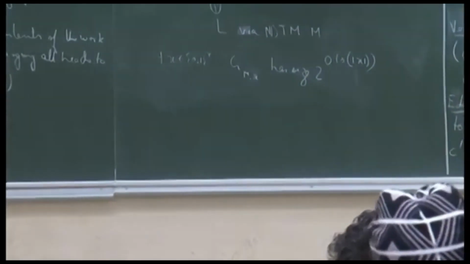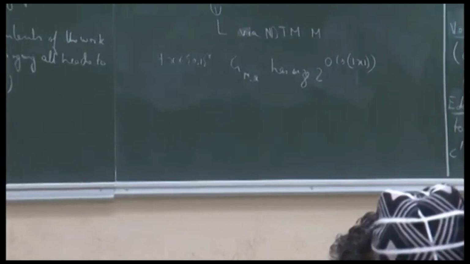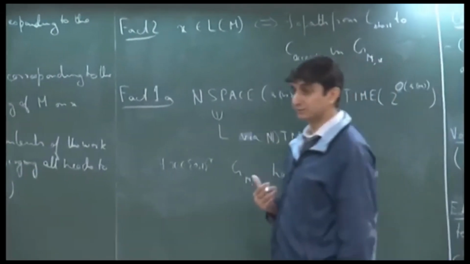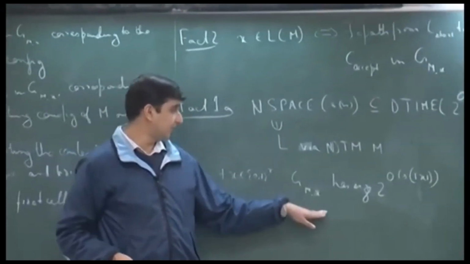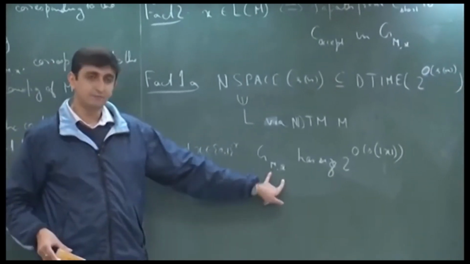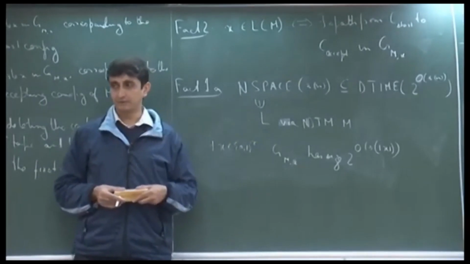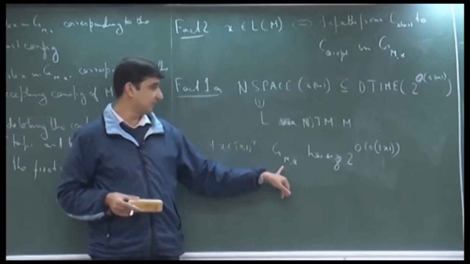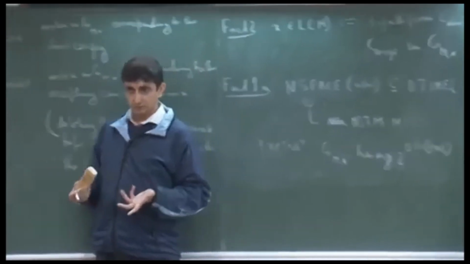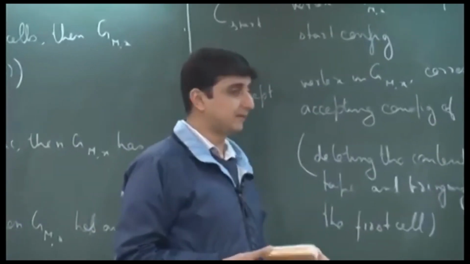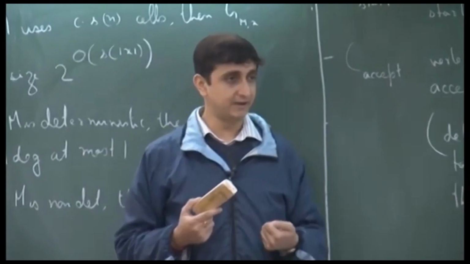So, now how do you come up with an algorithm that works in this much amount of time? What about graph traversal algorithms? All that we have to decide is whether in this graph there is a path from C start to C accept or not. So, the entire problem of checking whether x belongs to L of m or not is checking reachability. For example, you can use DFS or BFS. I hope that all of you here have seen DFS, BFS, right.